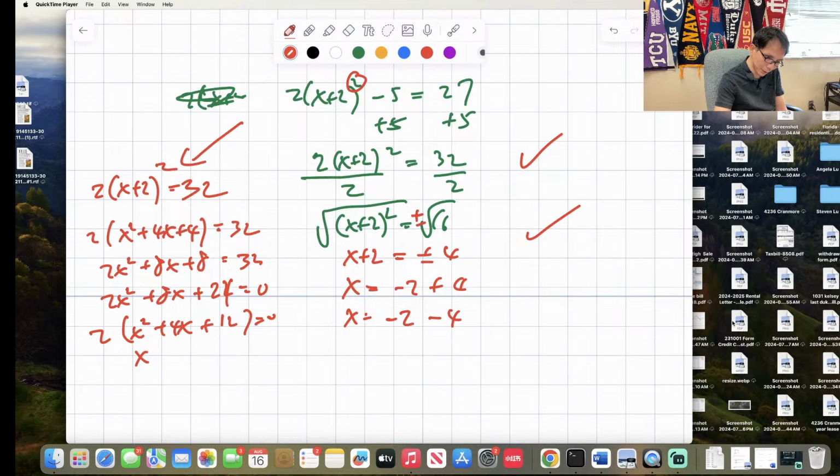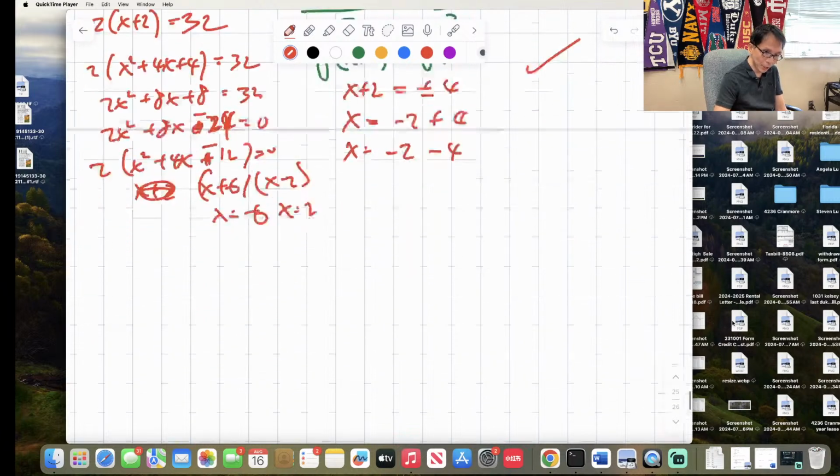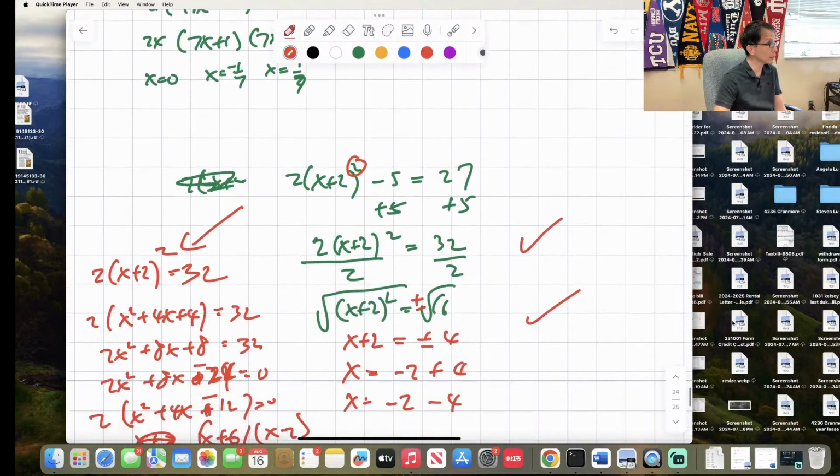This is negative 32. So it's a negative 24. Negative 12. So it'll be x plus 6 and x minus 2. And x equal to negative 6, x equal to 2. That's the second way to do this question. I don't care which way you got it. As long as you get the answer, it's fine. Okay, so 2 check marks, 2 check marks.